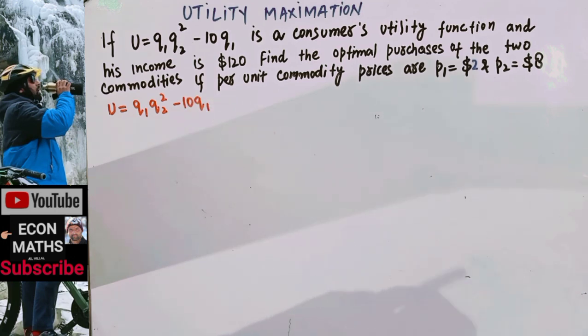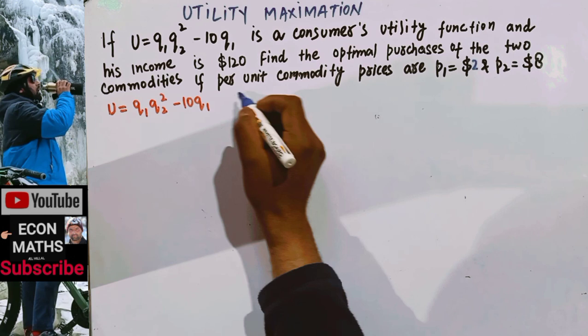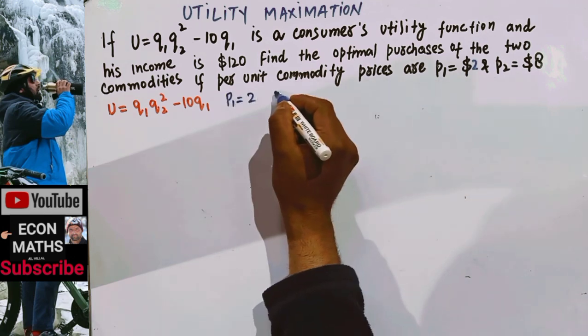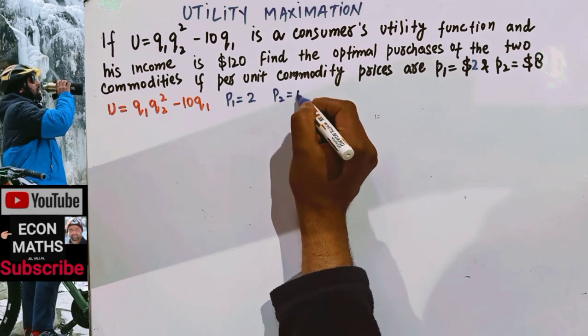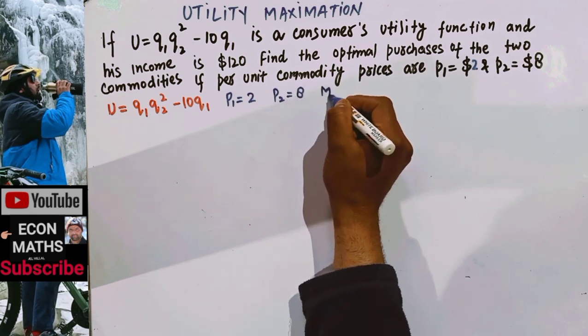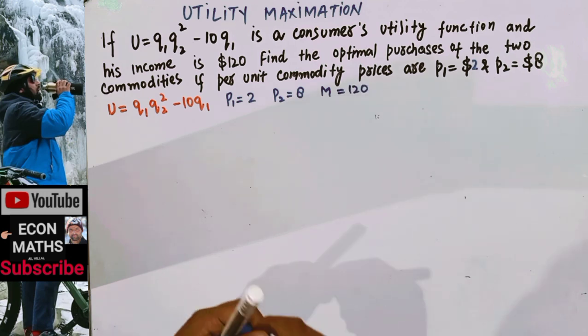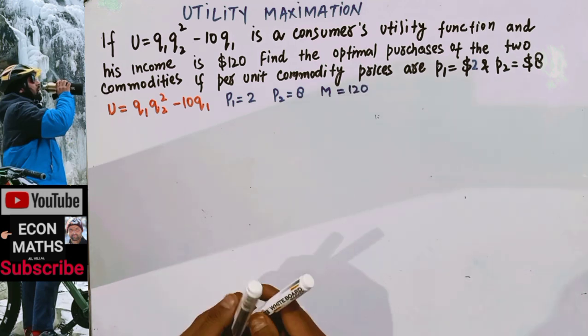This is our utility function. Price of good one is $2, price of good two is $8, and income, let's denote it by M, is $120. We need to find out the optimal purchases by the consumer.